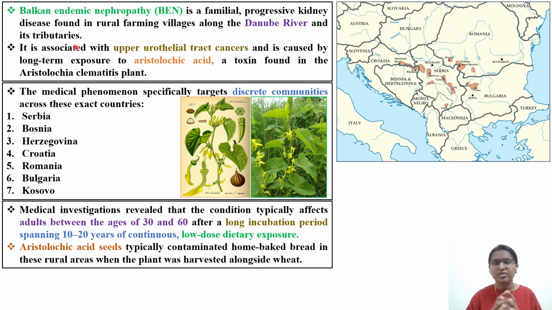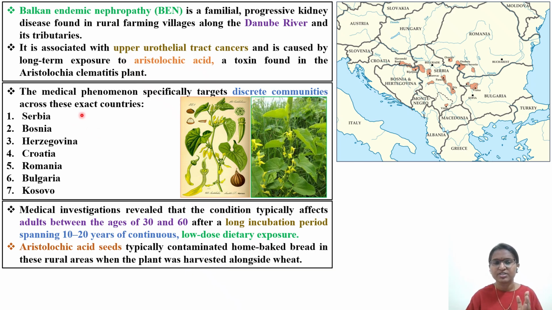Local people staying in this region are associated with upper urothelial tract cancers, and it is caused by long-term exposure to aristolochic acid. So these are the plants. The particular plant is Aristolochia clematitis, and the seeds from this plant, consuming this toxin, cause this Balkan endemic nephropathy.